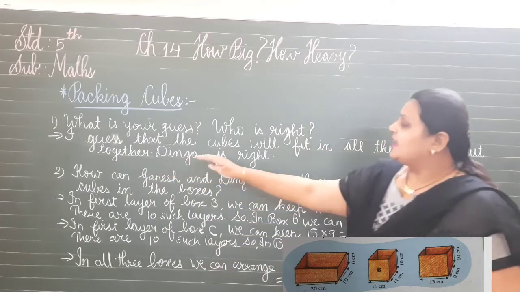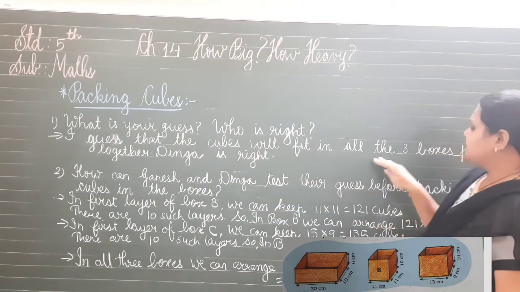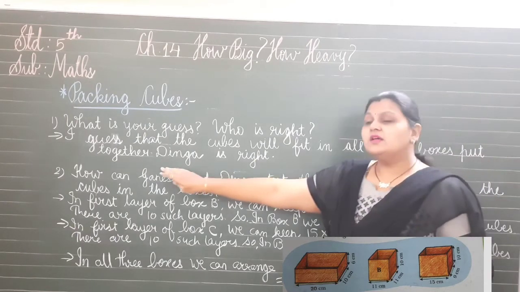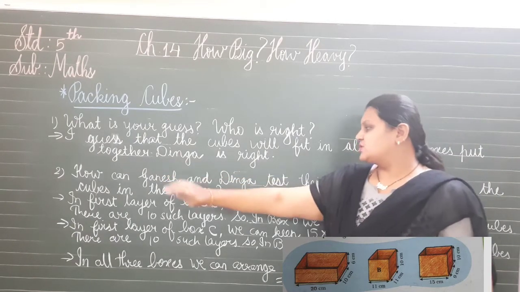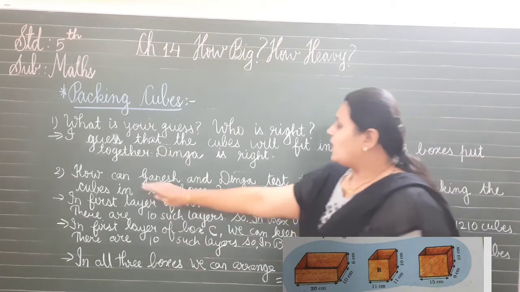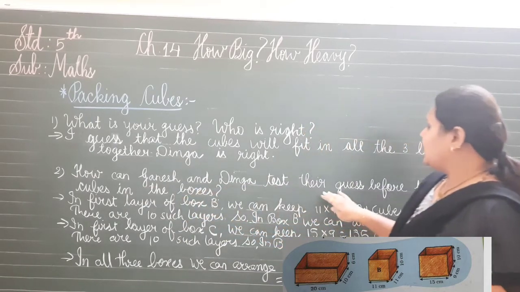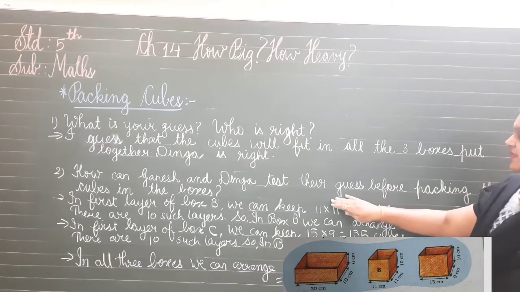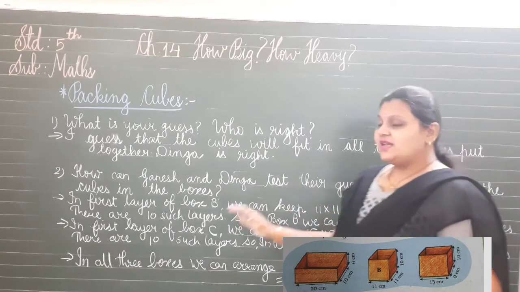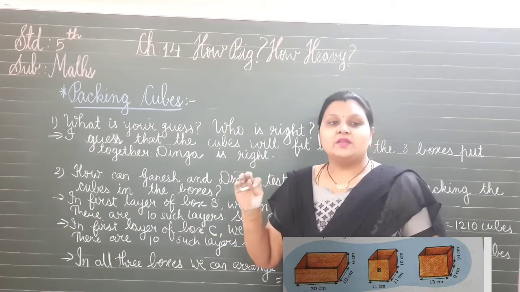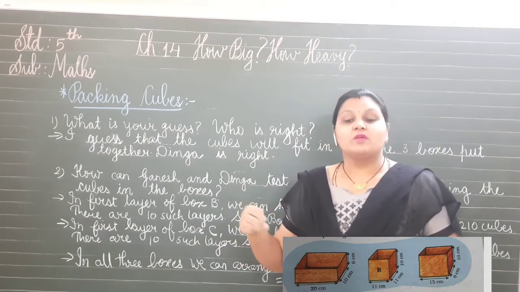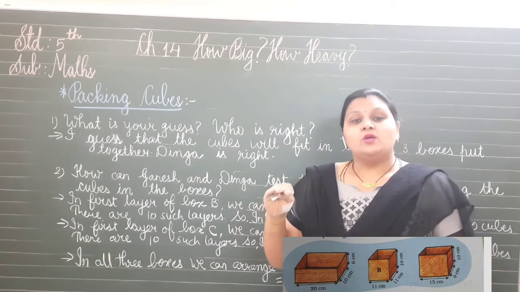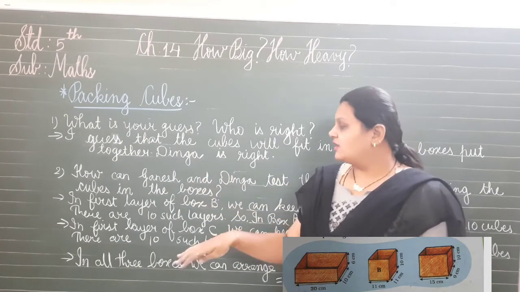So I guess that cubes will fit in all the 3 boxes put together. Here Dinga is right. Second question, how can Ganesh and Dinga test their guess before packing the cubes in the boxes? Testing their guess means they are thinking. When we want to pack something, we think whether what we have taken is appropriate or not. So here also they are thinking.